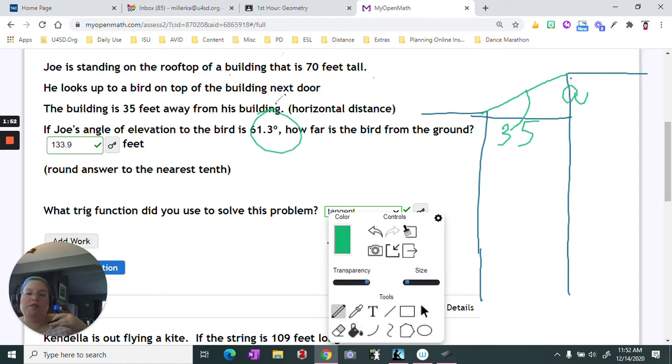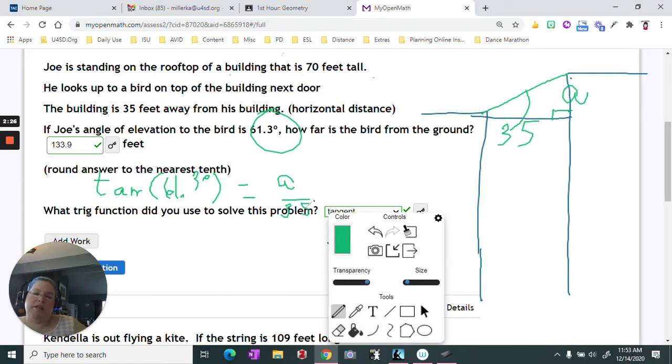So we were looking to see what trig function we can set up given this angle, our opposite side, and our adjacent. And we decided it was going to be a tangent. So here, tangent of 61.3 degrees equals A over 35.